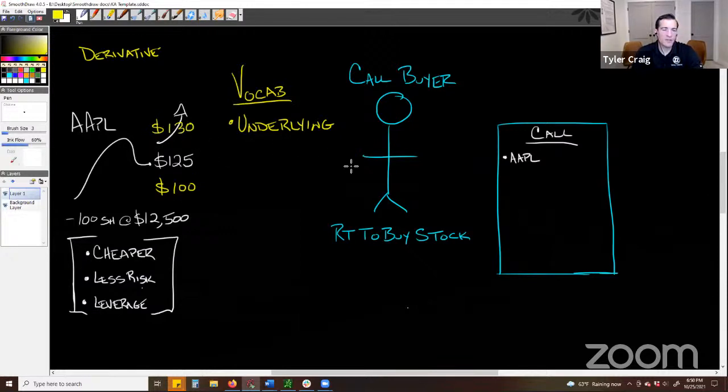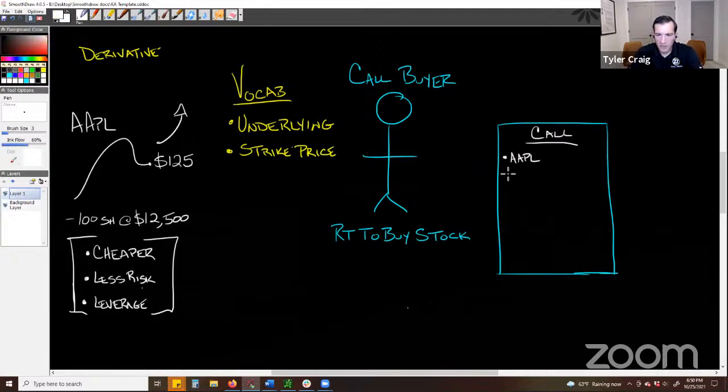So you'll discover that there's lots of different call options set at lots of different prices. And the specific price at which I have the right to purchase the stock is known as the strike price. So let's add that to the vocabulary. There's the strike price. And depending on where that is, it might influence how much this contract is worth.